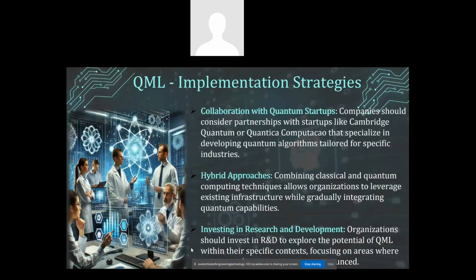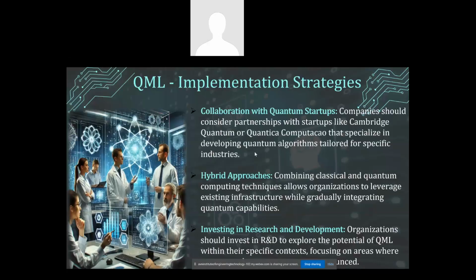Collaboration with quantum startups, like we have Cambridge Quantum and Quantica Computer. These are two different startups, and there are many more startups, and even IBM, Google, every big player is in the quantum world, right? So collaboration with quantum startups is one strategy.